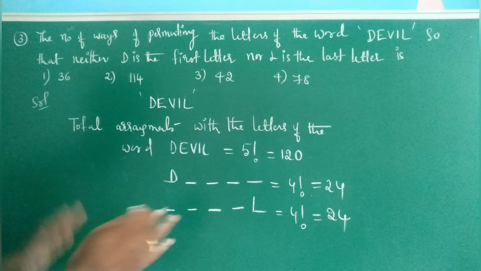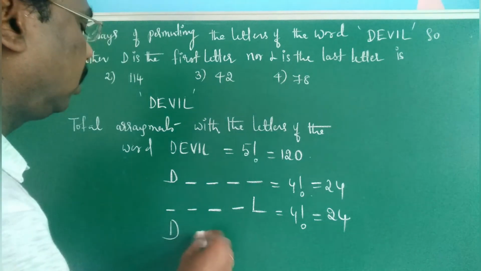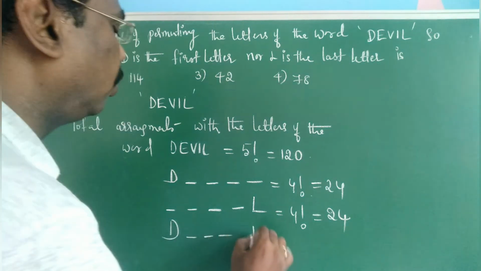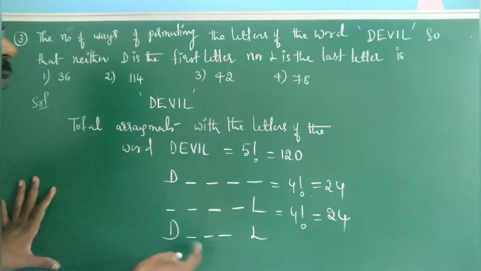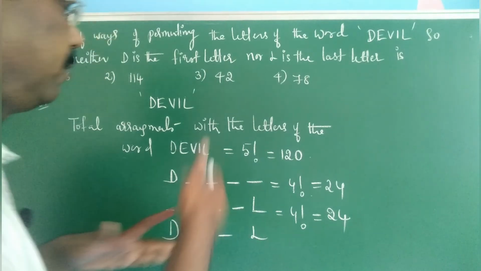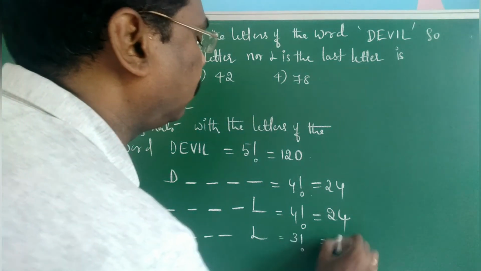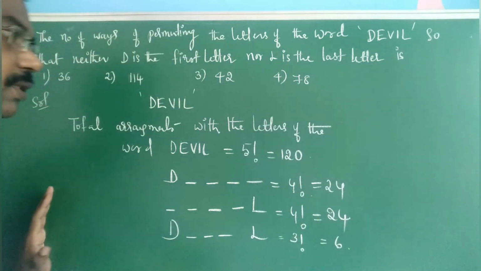Now starting with D and also ending with L, here 3 places are there. The 3 places can be filled with the remaining 3 letters, 3 factorial ways is equal to 6 ways.